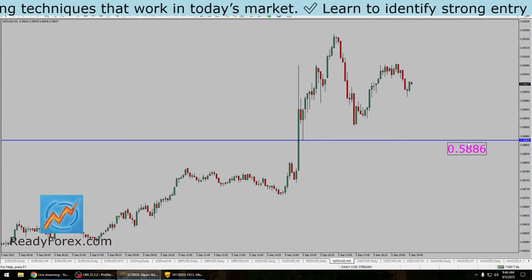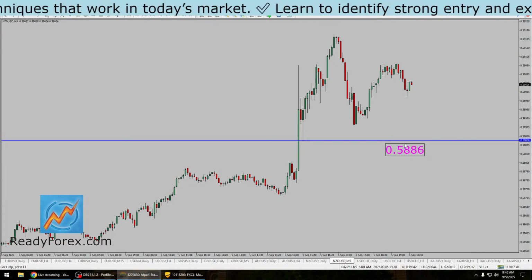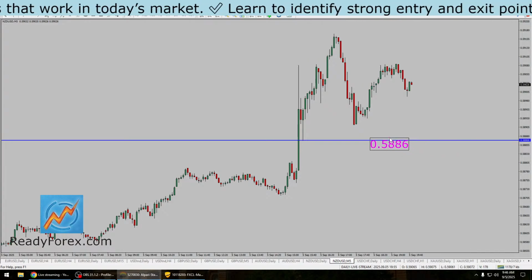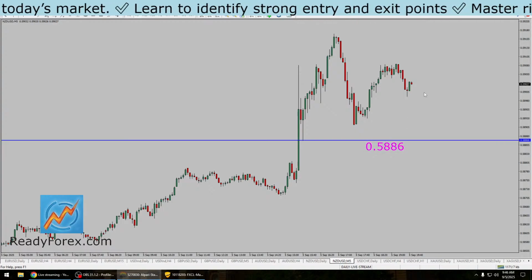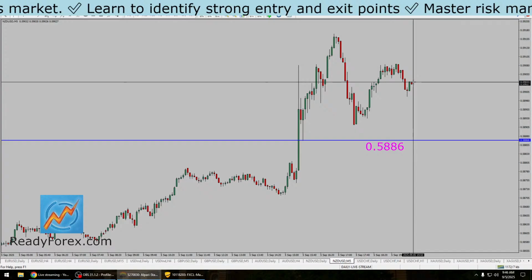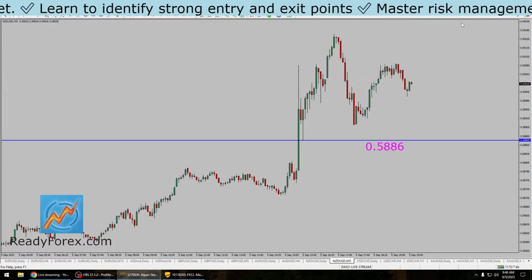If price action is going to break below this support level, then I expect a top and a drop inside the NZDUSD currency pair. Otherwise, it's quite possible that the market is going to continue the rise over here.